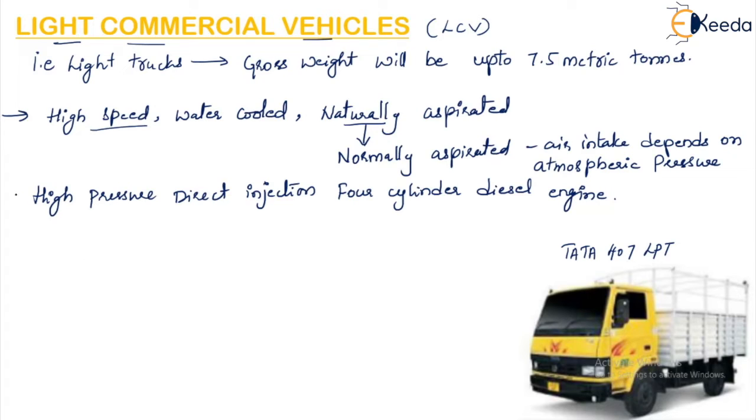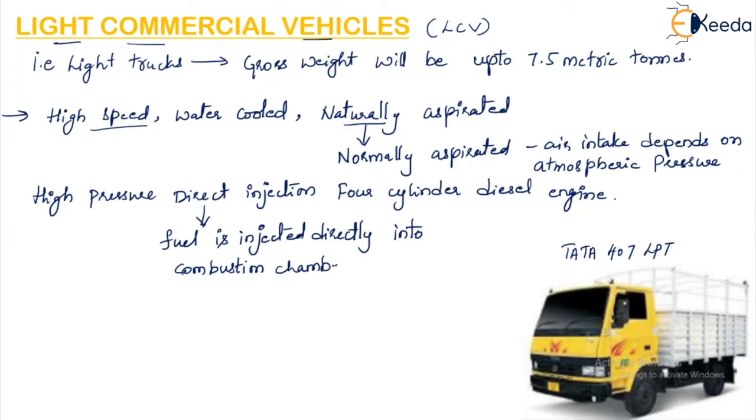So I have mentioned the type of the engine: high speed, water cooled, naturally aspirated, high pressure and direct injection. What is meant by direct injection? Direct injection is nothing but fuel is injected directly into the combustion chamber, and there are 4 cylinders and it is a diesel engine. So this is about the specification of the engine.